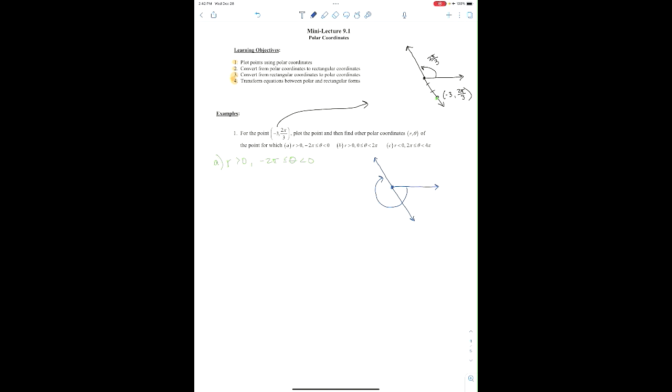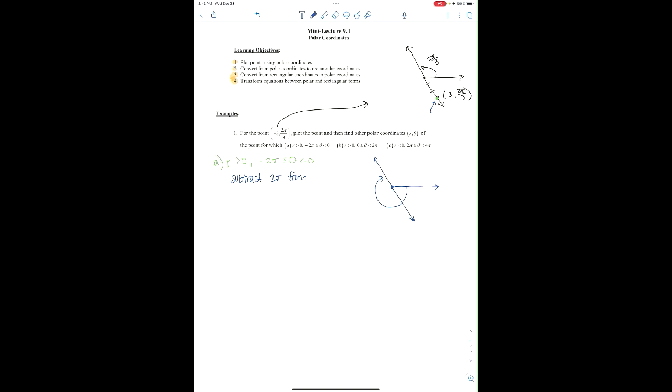In order to get from this point up to where we want for our conditions, we have to subtract 2 pi from that 2 pi over 3. That way our theta falls into the range of -2 pi and 0.